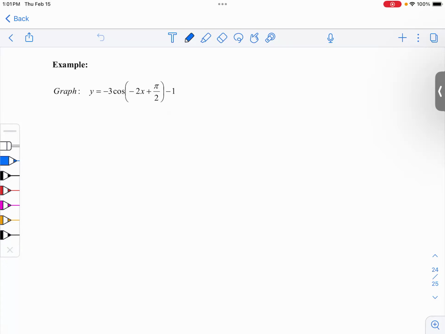So we have a graph of cosine, and the first thing to identify is that it has a negative sign, which means we're going to flip it at the end. And this one has something else interesting going on.